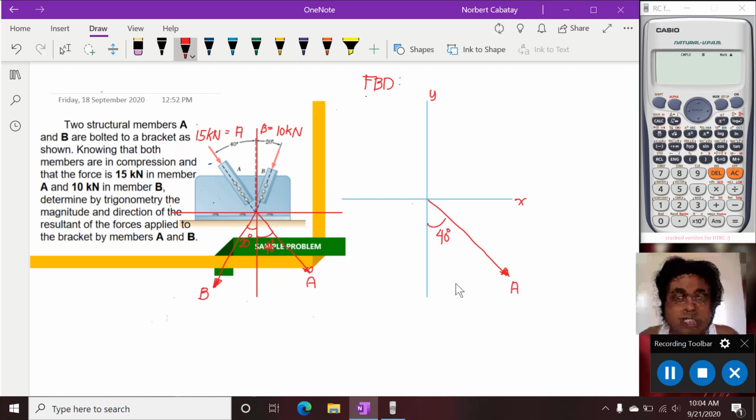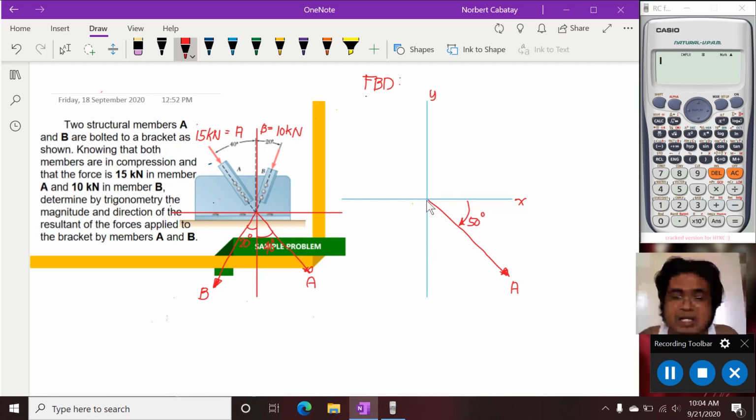But in doing this technique, you have to refer all your angles from the positive x-axis. So if this is 40 degrees, this angle is 50 degrees, since this quadrant must be 90 degrees.